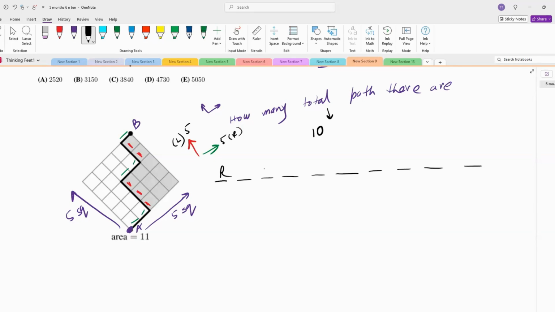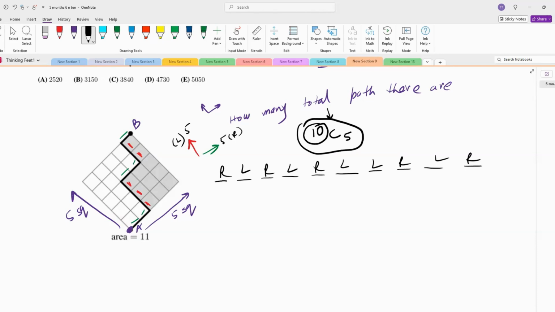So 5 of them have to be right and 5 of them have to be left. It doesn't matter which 5 are right and which 5 are left. So out of those 10 steps, I need to pick which 5 are going to be right. Once I pick the right steps, the remaining ones have to be left. So essentially, total paths is 10 choose 5.